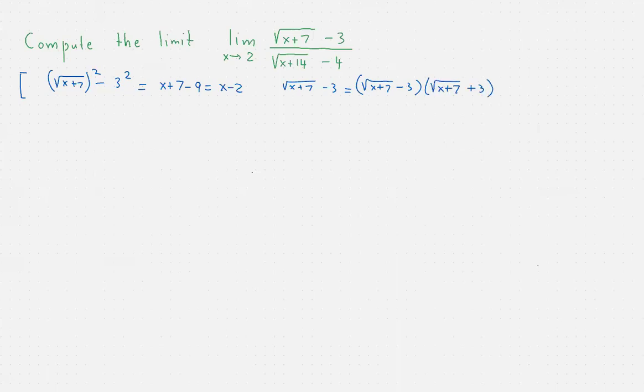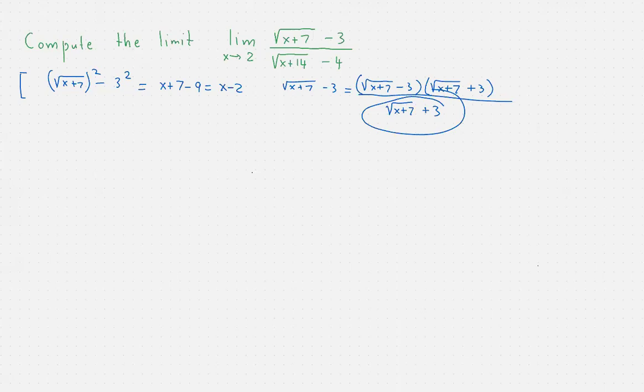And yes, we get what we want on the top, but we also gain this extra denominator. However, for all intents and purposes, this is not too bad because we can just plug in 2, and we're not going to get a zero quantity.